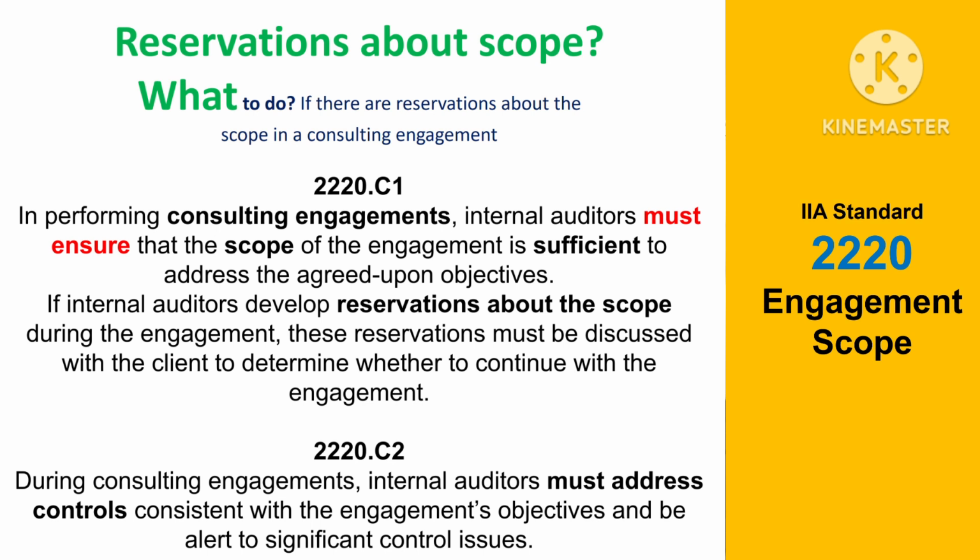If internal auditors develop reservations about the scope during the engagement, these reservations must be discussed with the client to determine whether to continue with the engagement. As per C2 of 2220, the second consulting standard, during consulting engagements, internal auditors must address controls consistent with the engagement's objectives and be alert to significant control issues.